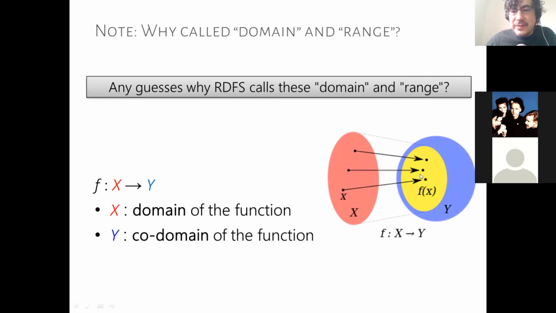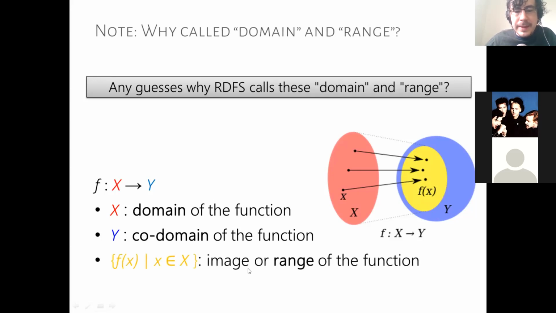And the precise results that it can return would be the image or the range of the function. So let's say maybe the function f was square root on integers, just to be more interesting. In that case, x would be the set of integers, y would be the set of reals, and f of x, the range here, would be essentially the set of reals that are the square root of some integer. Probably there's a better example I could have thought of, but hopefully that's useful.